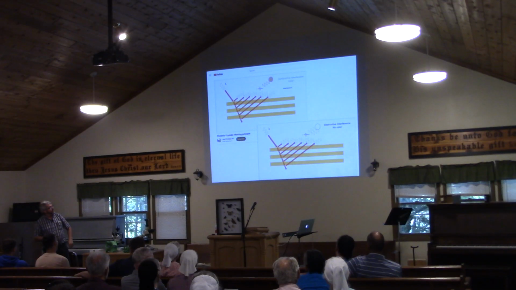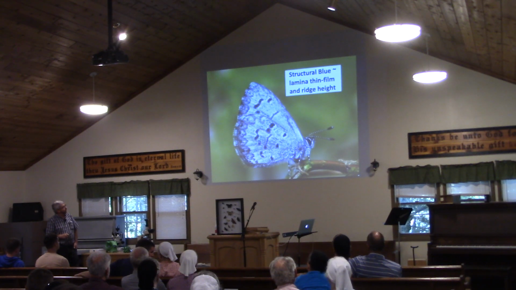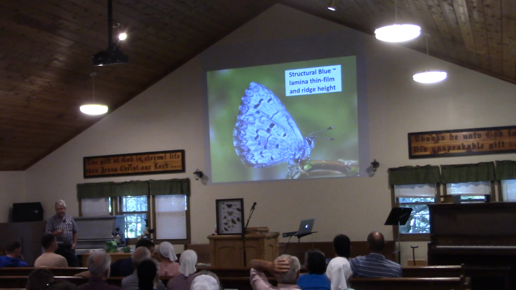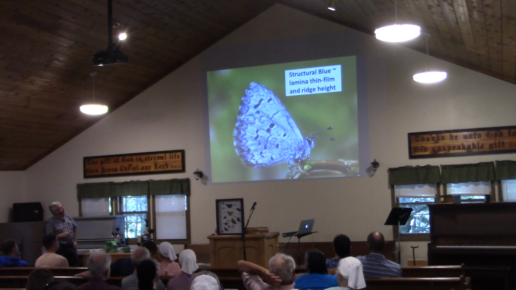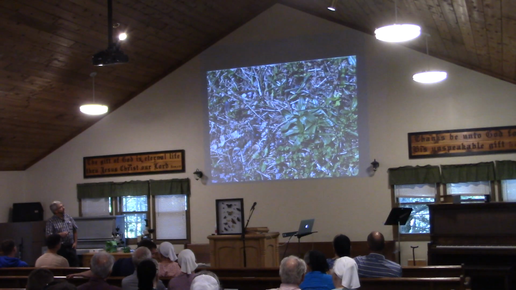It amplifies the color, it makes the color brighter. Where here, this destructive interference will interfere, and then there's nothing, no color. So some people say these bright blue butterflies you see, you know, the azures, that's this structural blue, it's this lamina thin film, and it makes a difference with the ridge height.